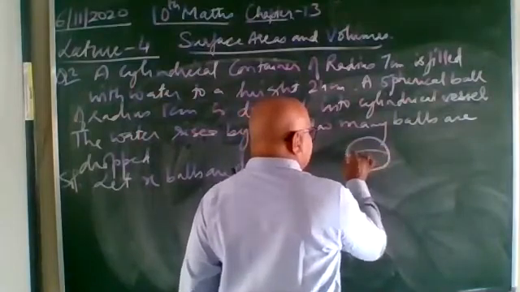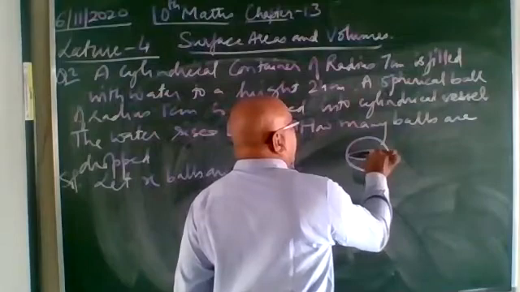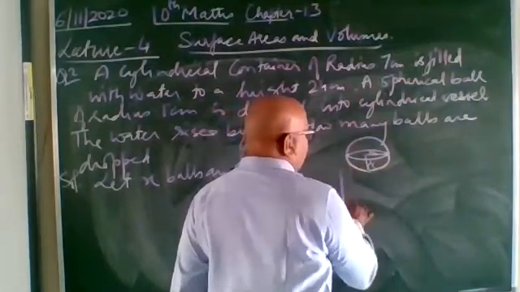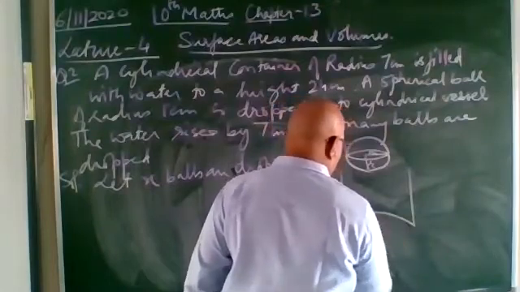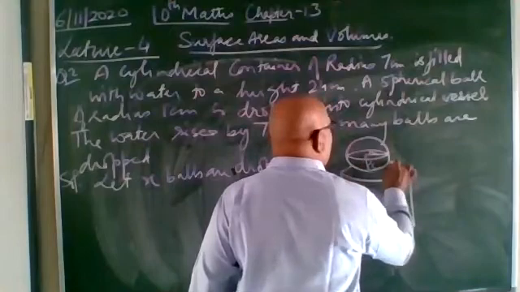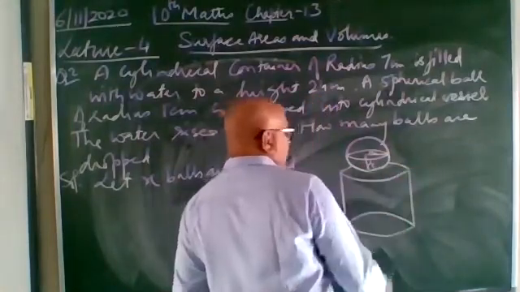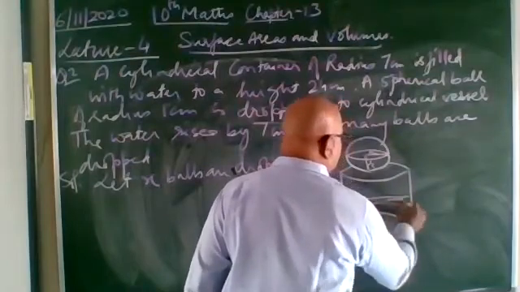So this is the figure. This is radius R. Now this is dropped. Now the water level was to this height.